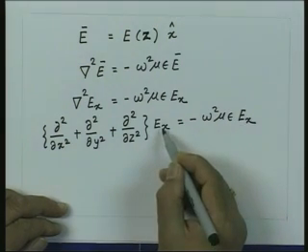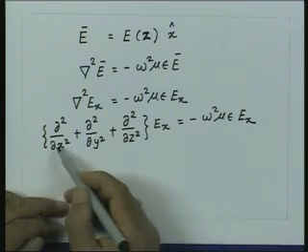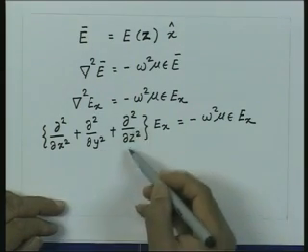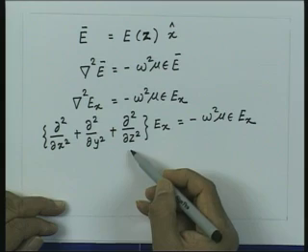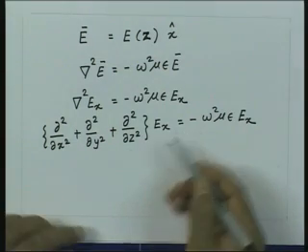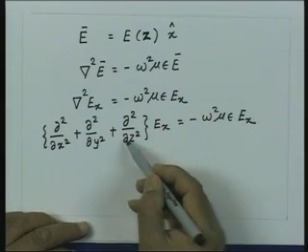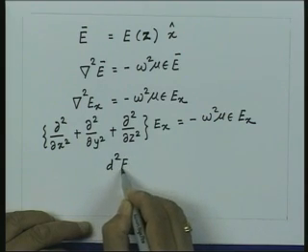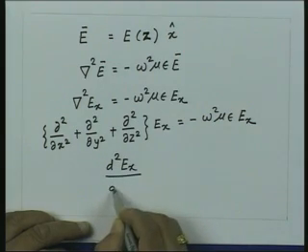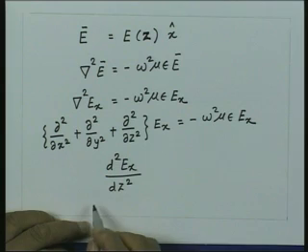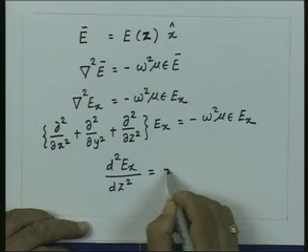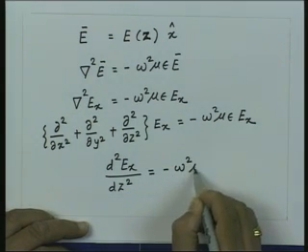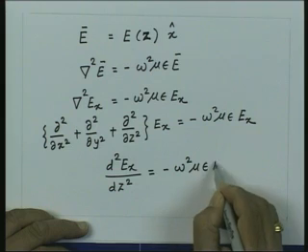However, since E is not varying as a function of x and y, we can convert this partial derivative in space into a full derivative, because now Ex is a function of z only. So, we can write this as d2 Ex by dz square equal to minus omega square mu epsilon into Ex.